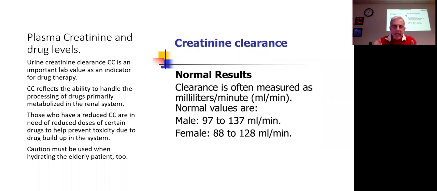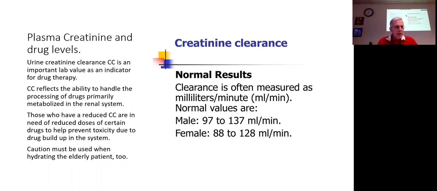dosages of certain medications, drugs, and antibiotics are reduced and not given so often. If the creatinine clearance is not within normal limits, it means your body's ability to process those drugs takes longer, and the longer it takes to clear the toxicities from your kidney and bloodstream, the more effect it will have on you as an individual.